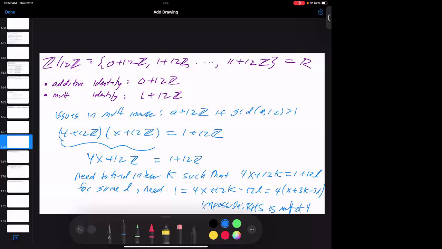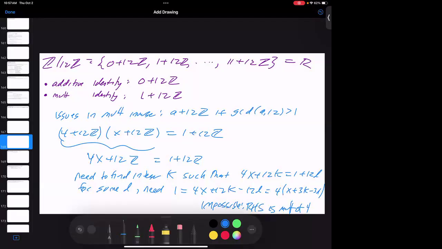So this could be a really good example of a ring. We have the addition, we have the multiplication, and not every element is going to have a multiplicative inverse. We've already agreed that not every element has to have a multiplicative inverse. It's unreasonable to expect 0 to have a multiplicative inverse.